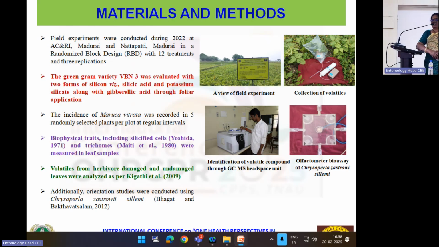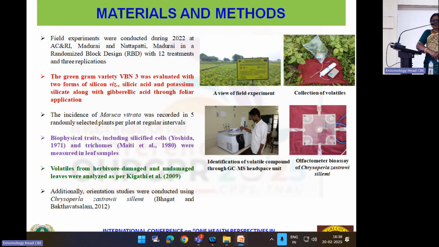Field experiments: the first field experiment was conducted at Agricultural College and Research Institute, Madurai. Another confirmatory trial was at a farmer's field at Notabatti, Madurai district, in RBD. The variety chosen was VBN3. Two forms of silicon, silicic acid and potassium silicate, were evaluated along with gibberellic acid through foliar application.